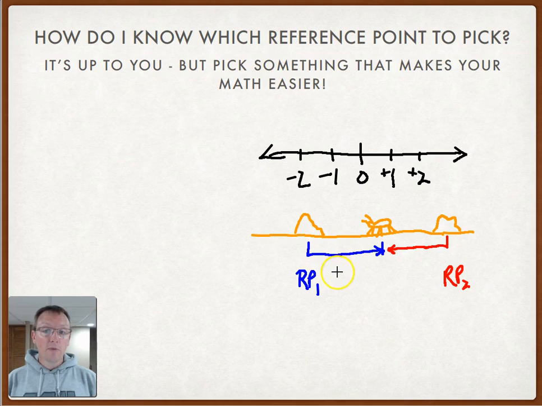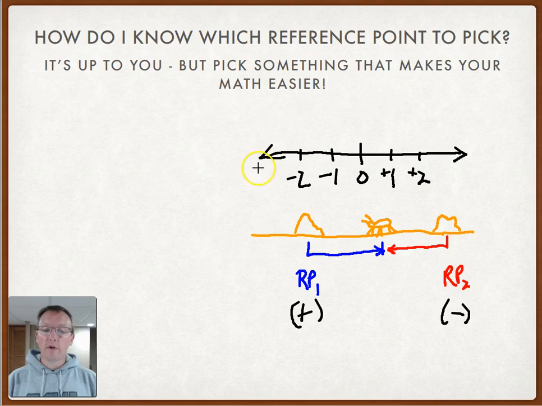For me, because I find negative numbers troublesome and cause problems with remembering that there's a negative in there, I'm going to pick the one that makes the distance positive and not the one that makes it negative. Now, I could, if I really wanted to, and this would be kind of crazy, turn this whole number line over so that positive was going to the left and negative to the right. But let's keep things as simple as possible.